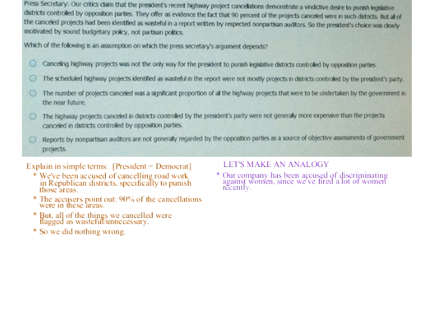So canceling highway projects is like firing employees here. And then they say, well, 9 of every 10 people fired recently have been women. So that seems like pretty strong evidence, right?